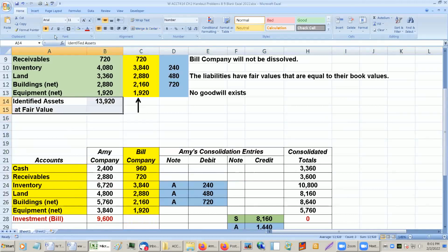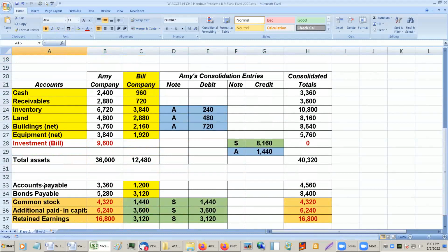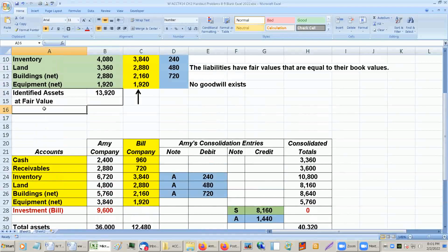So if we were to take the liabilities accounts, let me give me a second here.